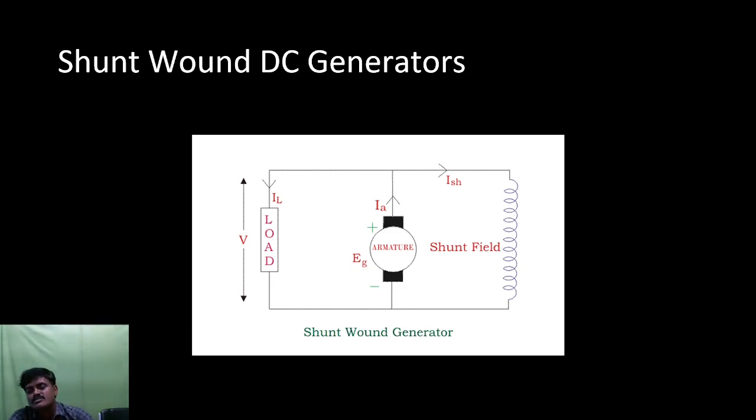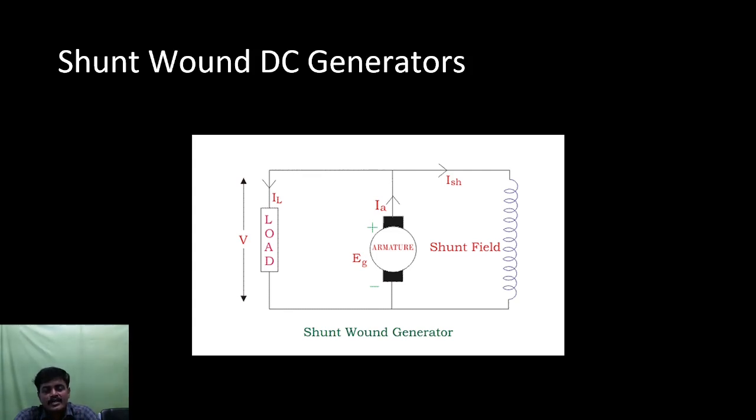In the series field generator, we have the same current at all points: at the load, in the field and in the armature. But in the case of the shunt wound DC generator, the current is divided.